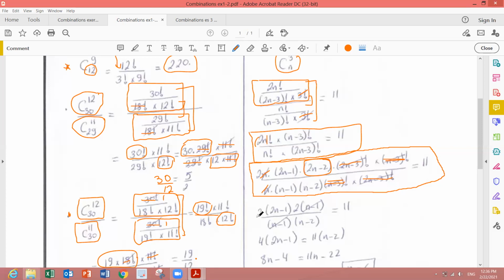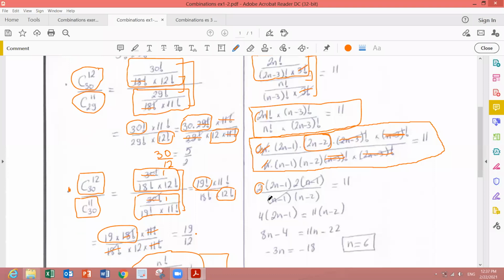So I leave 2, and 2 remains here. 2n minus 1, 2n minus 1. If I take 2 common here, then it will be 2 into 2n minus 1 over n minus 1 into n minus 2, equals 11. If we don't notice that we can simplify, we expand the numerator, we expand the denominator, then we cross multiply. n minus 1 with n minus 1 simplified.